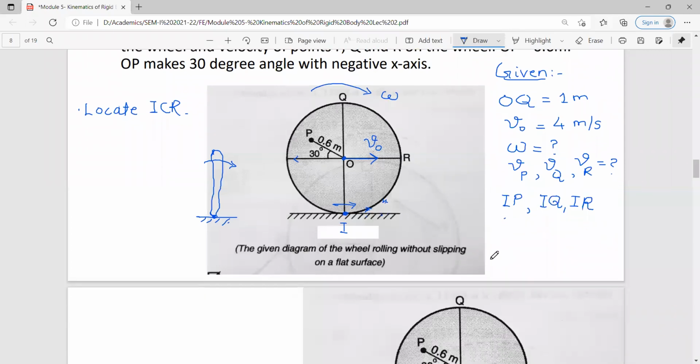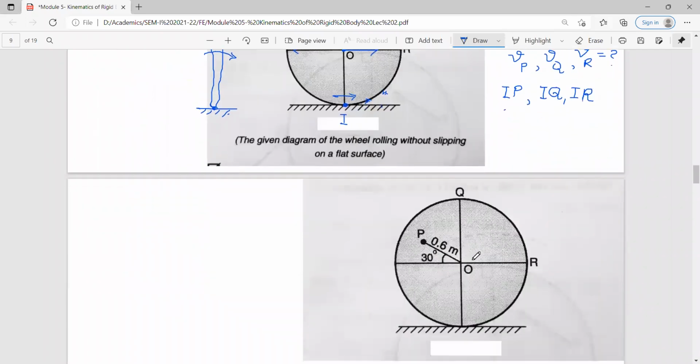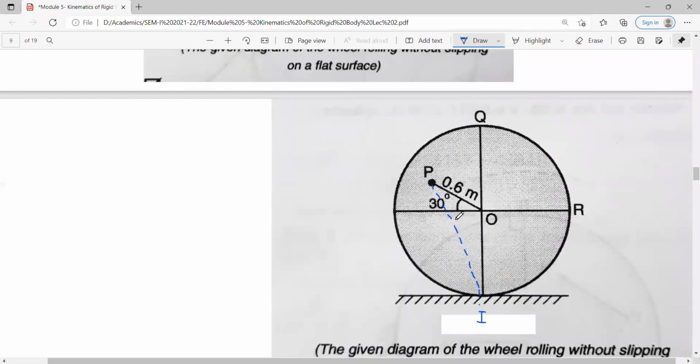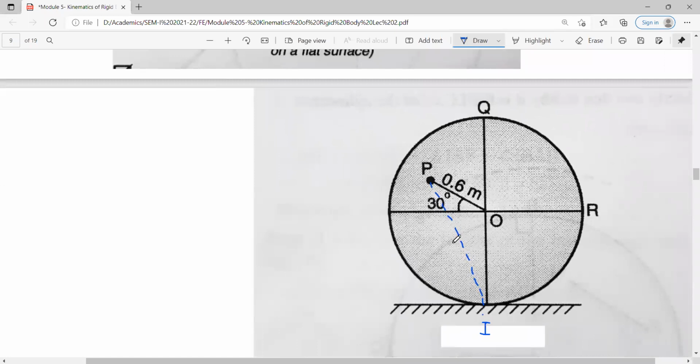Okay, so let us see how we can find it out. I point is here. I have to find out IP. So for that I will join I and P. Okay, so see how I can find IP from here. Can you apply the sine rule in triangle IOP?